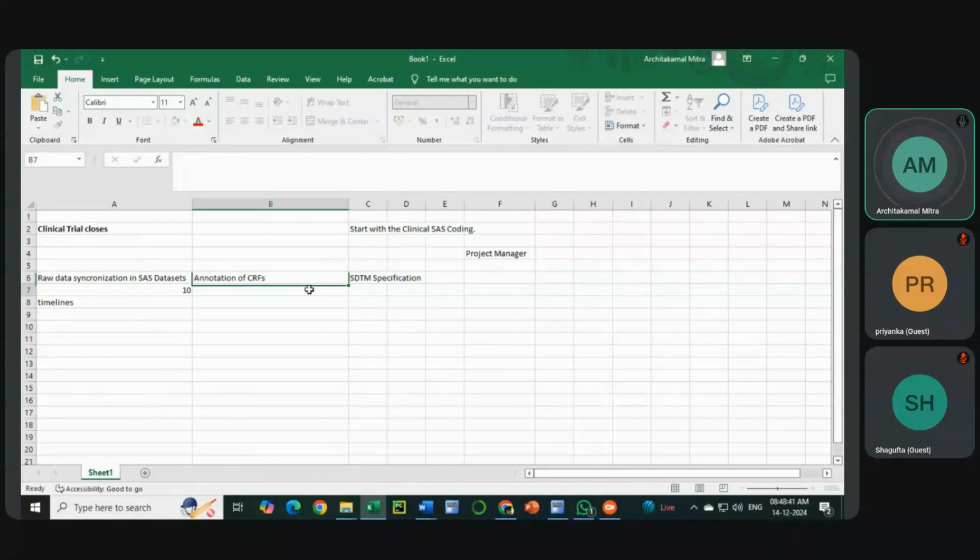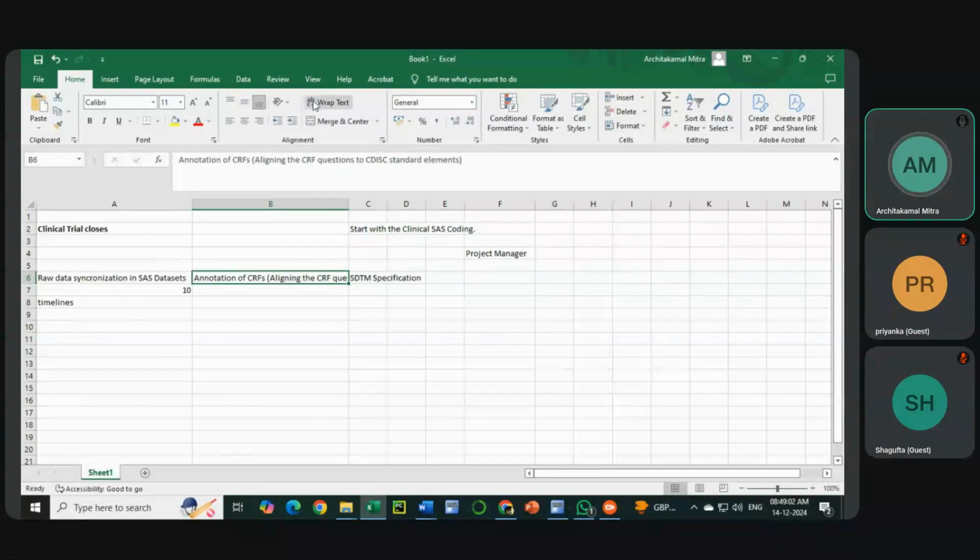So annotation of CRFs is what? You are aligning the CRF questions to the standard elements.